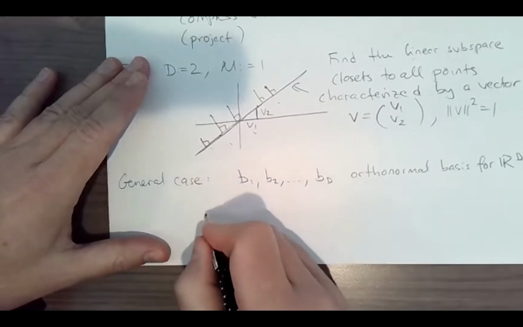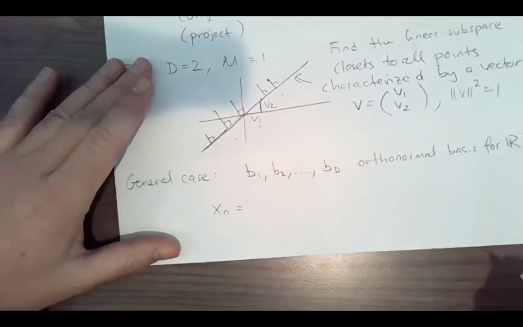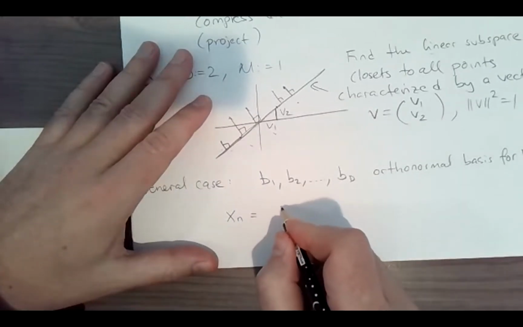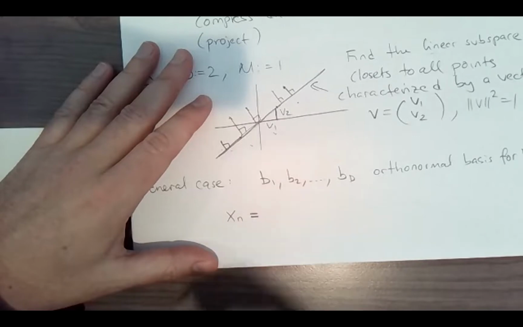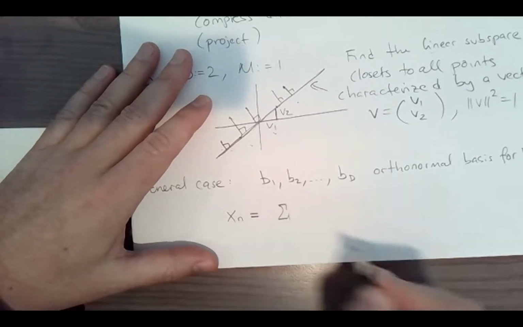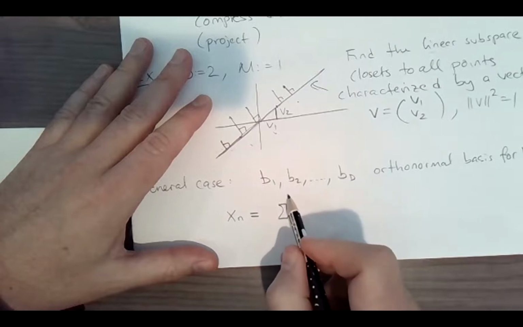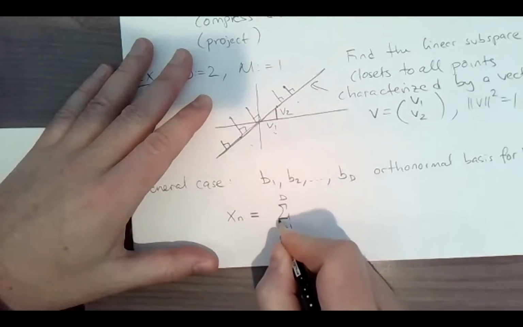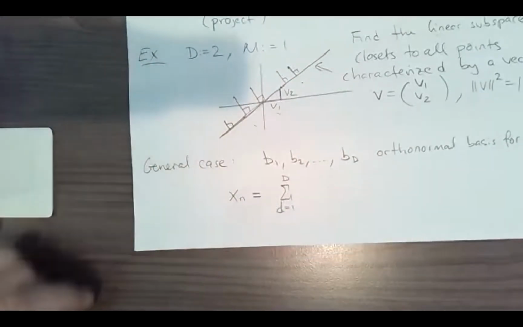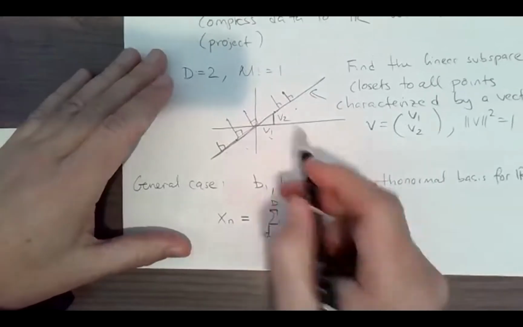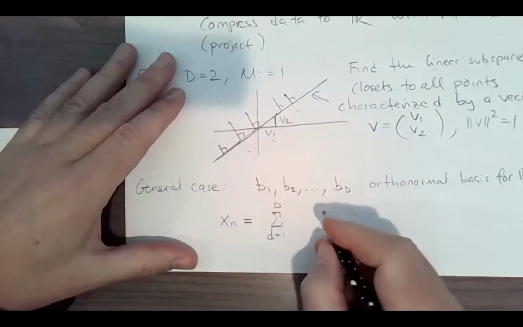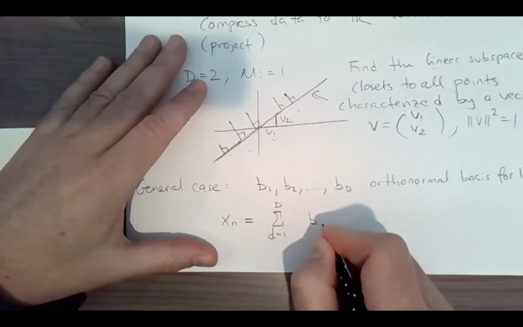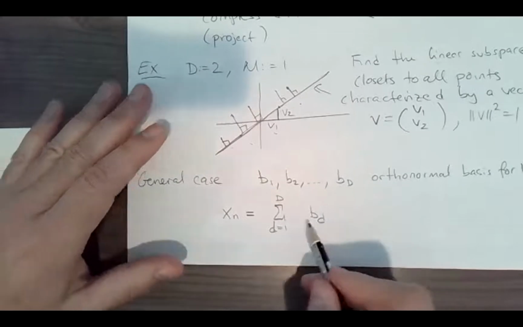I can write my data as a sum of these, so it'll be a linear combination. I can express each data point as a linear combination, and then I have to multiply by constants.